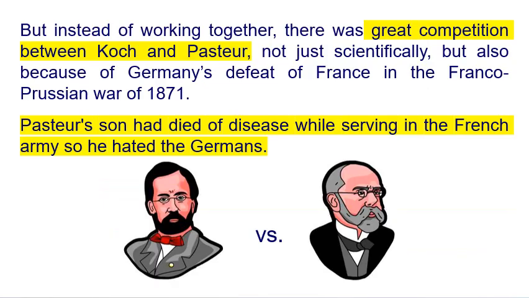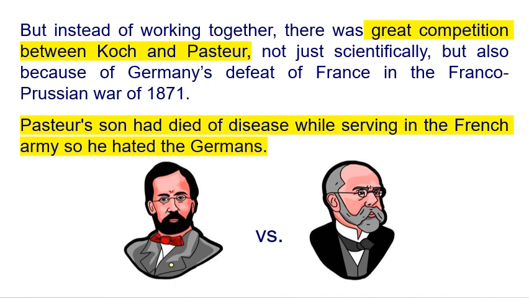Okay. And I said earlier, I wish they could have worked together, but they competed. Maybe that helped as well, the fact that they were competing against each other. Pasteur hated Germany. He hated them because his son had gone off with the French army when they were fighting against the Germans, or they were called Prussia, actually. The Franco-Prussian War of 1871, when Paris was occupied by the Germans.